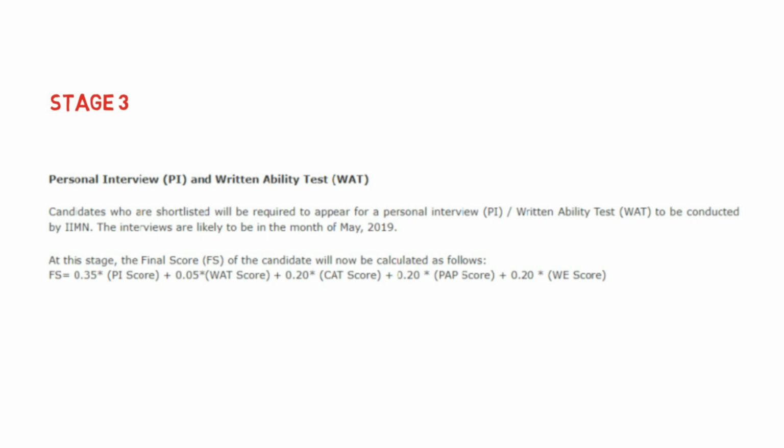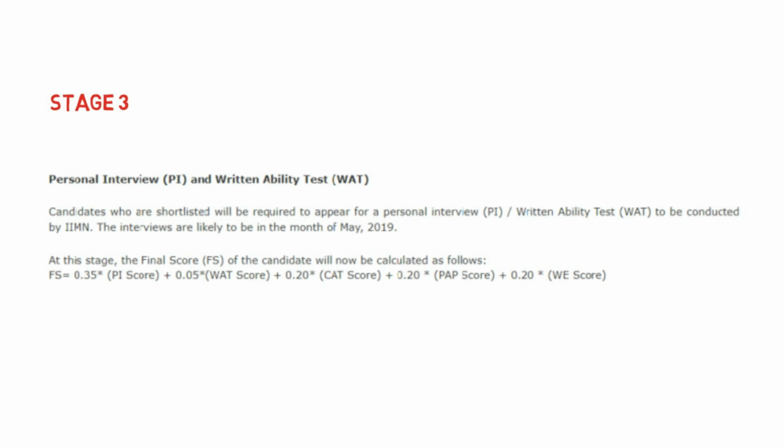After giving his PI and WAT, a final score is calculated. The final score comprises 35% of the PI score, 5% of WAT score, 20% of the CAT score, 20% of PAP and 20% WorkX. And based upon this final score, the candidates are shortlisted and as per the shortlist, admissions are provided.